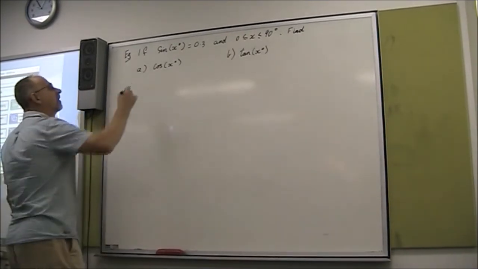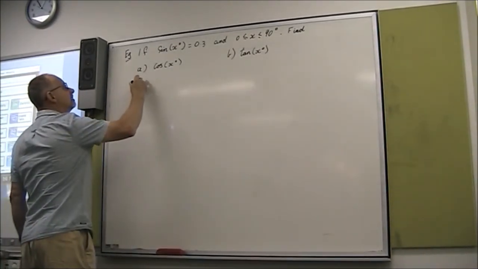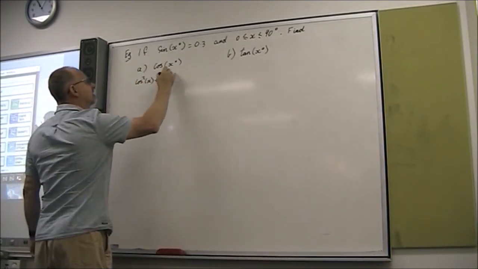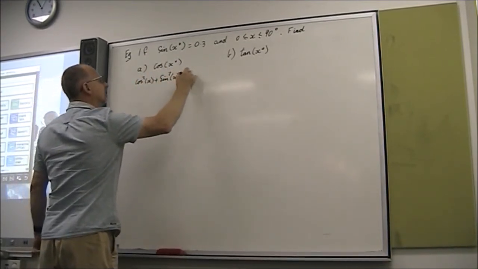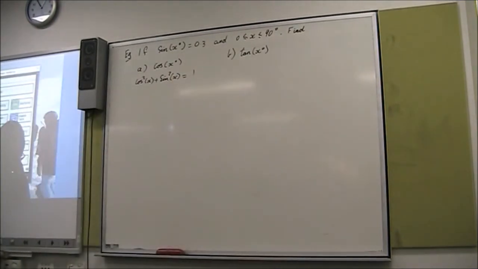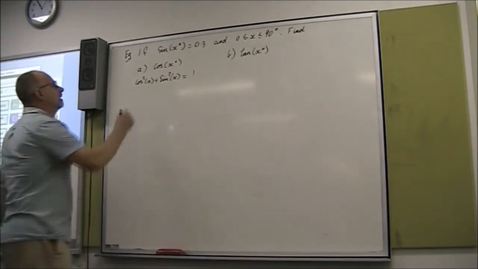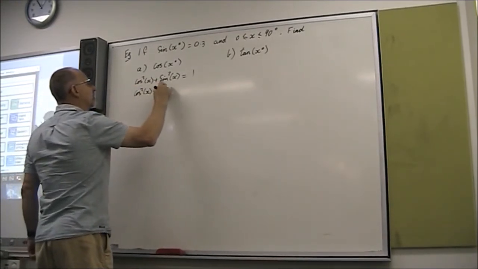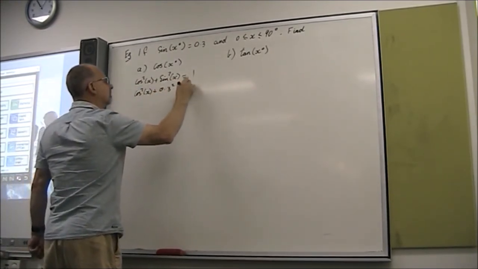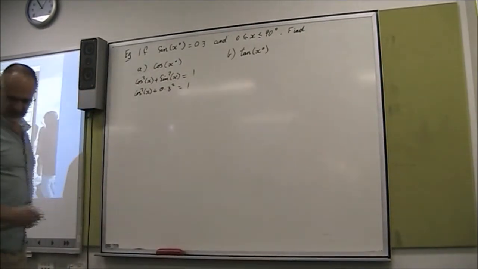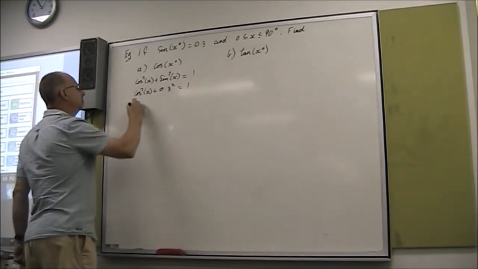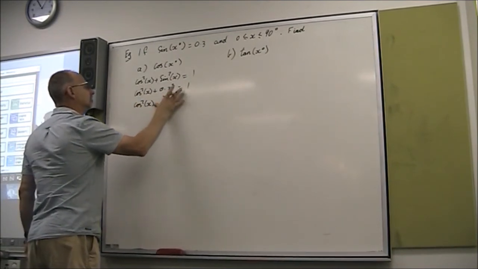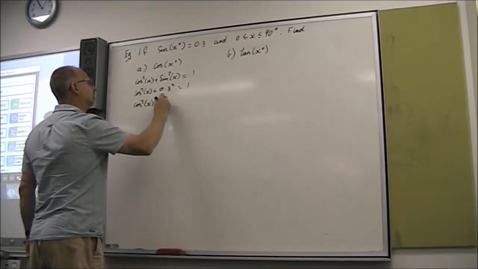So this is where our Pythagorean identity comes in, because cos squared x plus sine squared x is equal to 1. So put in the numbers, cos squared x plus 0.3 squared is equal to 1. 0.3 squared is 0.09, correct.